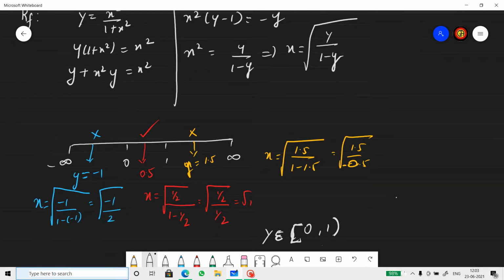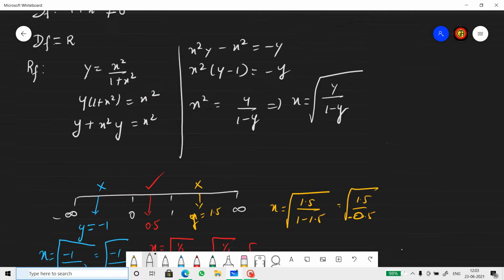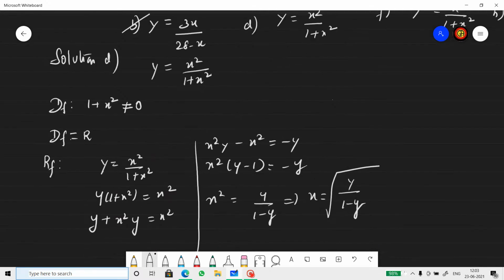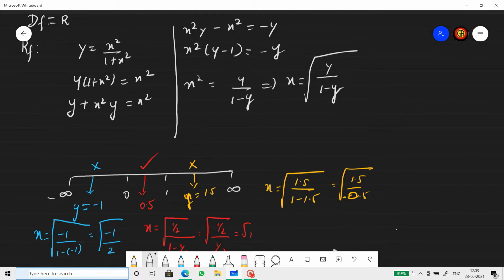But the y are the answers of x, right? Now, the range should satisfy the domain. So, can there be an x value that can give 1 as the y value? Or substitute y as 1 in the equation and check whether there can be any x value, because you defined x as all real numbers. Alright, now let's do that and verify.